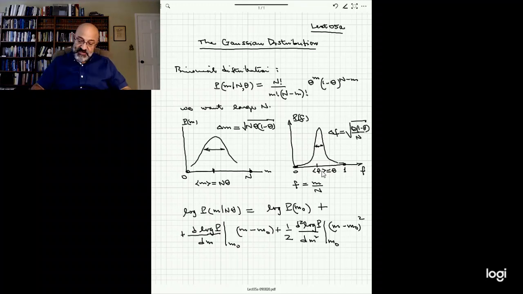Now several questions arise here immediately. Wait a minute, m is supposed to be an integer, so how do you take a derivative with respect to an integer?